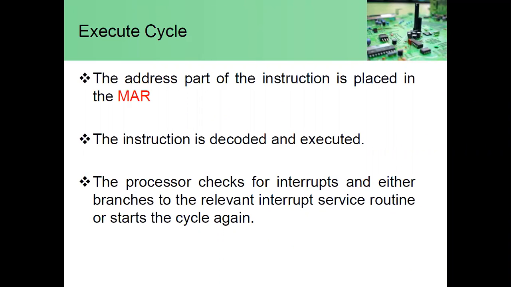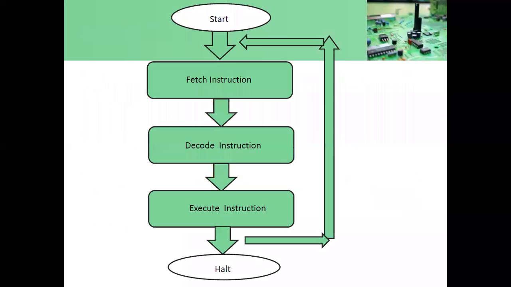Again it goes back to the first phase, fetching the instruction, decoding the instruction and execution. You can see this in the flow chart: we start, then fetch the instruction, decode the instruction, execute the instruction. This process continues till all the instructions in a program are executed. Once everything is finished in the program, the instruction execution cycle will halt.